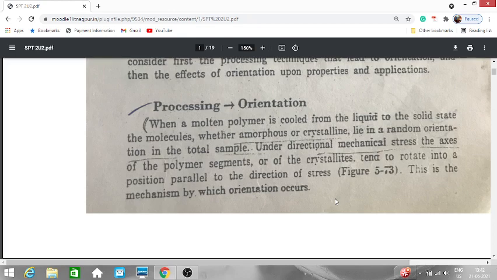But if you provide a directional mechanical stress, suppose you provide it in the direction of the x-axis, then all the polymer segments or the crystallites tend to be parallel to that direction of stress. So all the molecules will now be directed towards the x-axis. This is the mechanism by which orientation occurs.